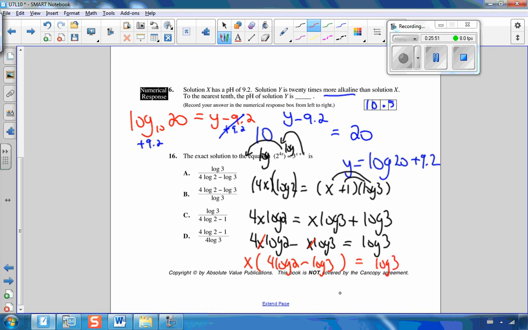And then divide both sides by that number. So x is going to equal log 3 on top, and 4 log 2 minus log 3 on bottom. Okay, so that would be A as my correct answer.